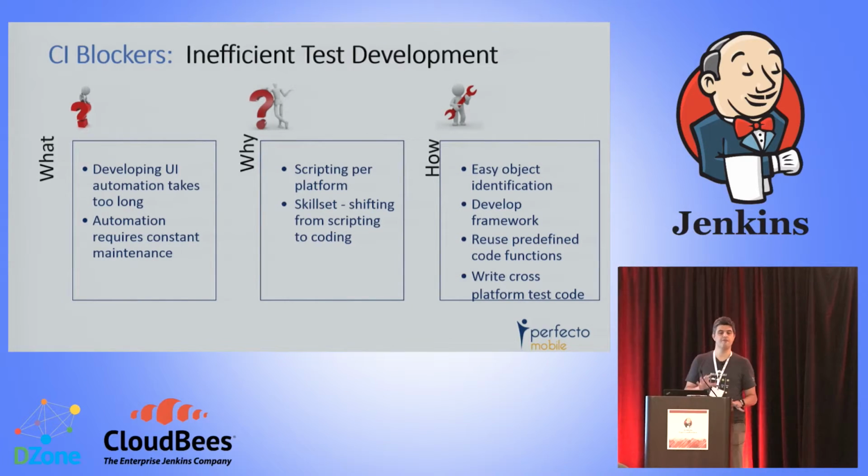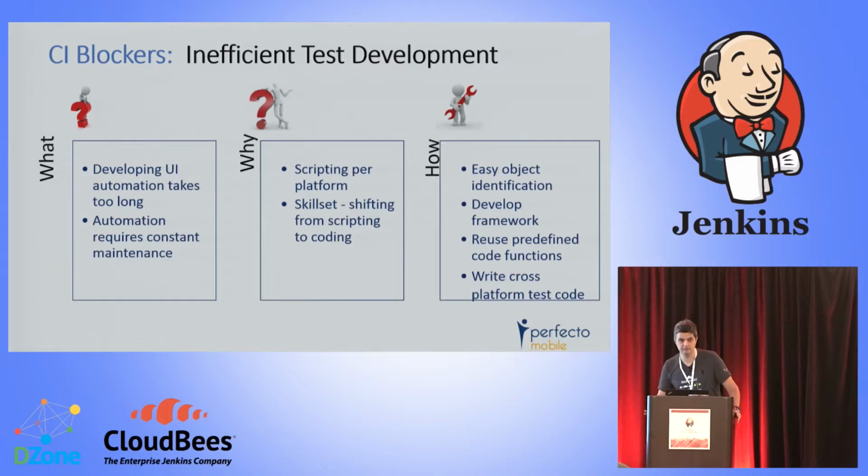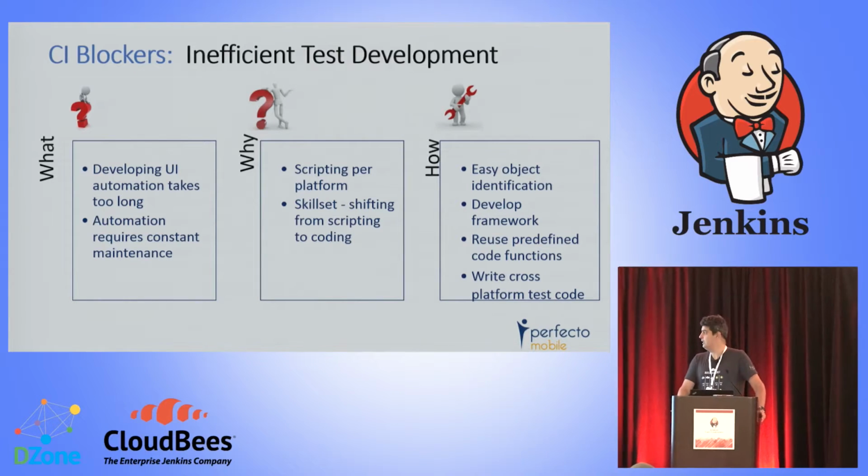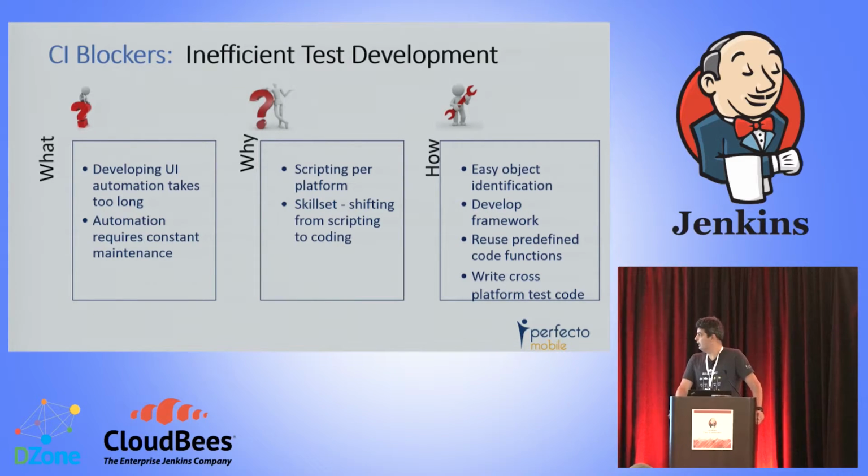And how to do that? First of all, you need to have a very clear and easy object identification for your mobile. I'll show you an example about it. Another thing, try to have a framework. A good framework will help you to create stable scripts and will help your tester to write good automation. Reuse code, reuse functions.